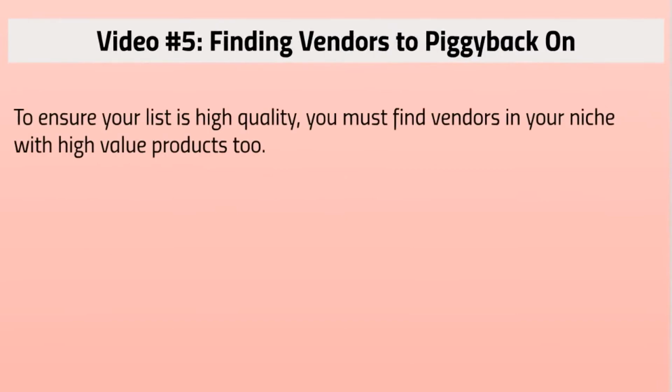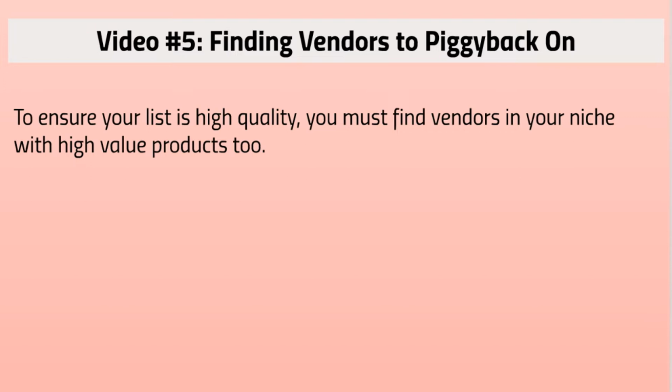Now, you want to ensure that your list is high quality too. What I mean by that is you don't want to approach every single vendor out there, because some vendors are actually selling very low quality products. And guess what? You're just going to get low quality subscribers. That doesn't always mean the case, but typically, if you look at certain vendors, you'll notice that they attract a certain type of person.